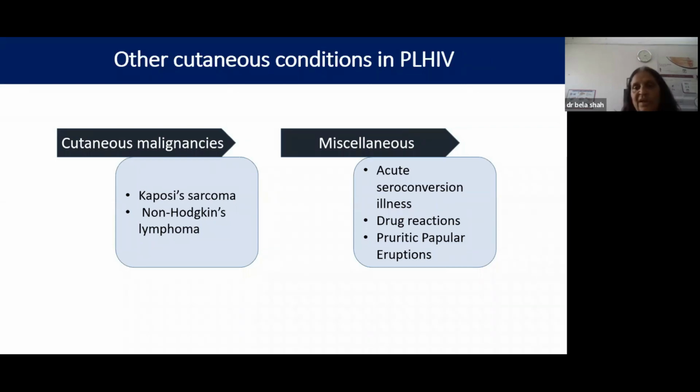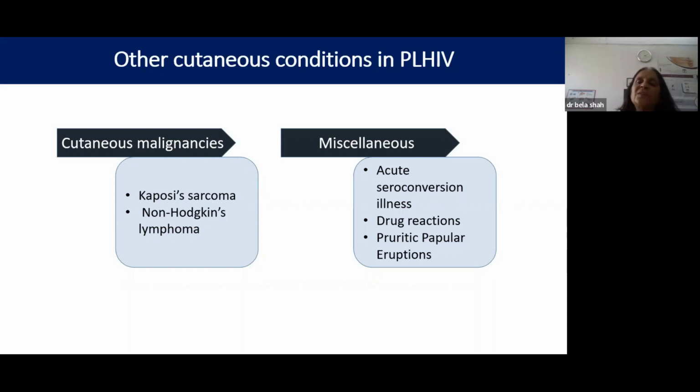And of course, if you enlist the miscellaneous conditions, there are many more than what is seen on your screen, like acute seroconversion illness, which will manifest as maculopapular rash, fever, malaise, lymphadenopathy, and even oral ulcers. Now, of course, drug reactions have gone down with the change in the regimens of ART.